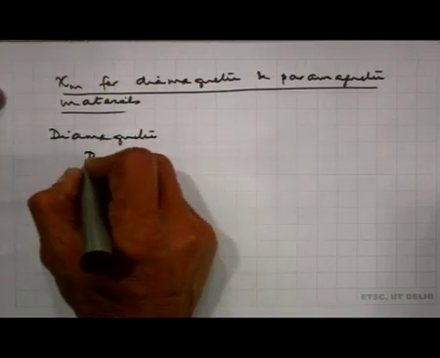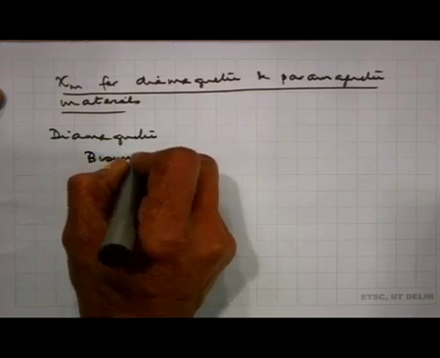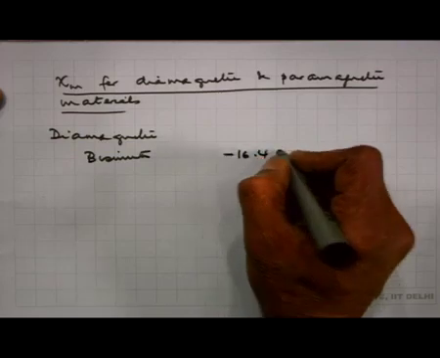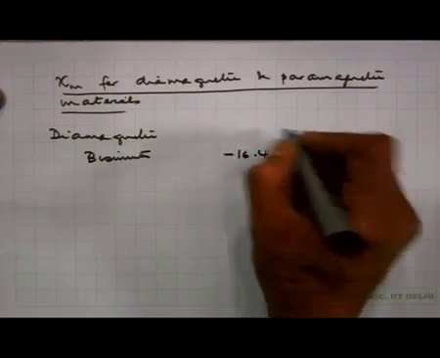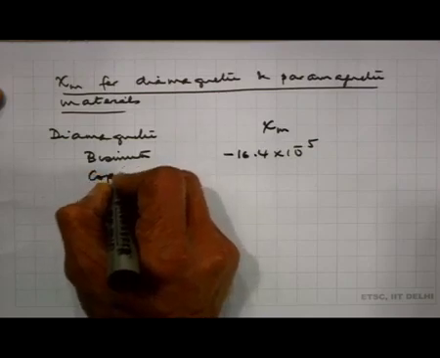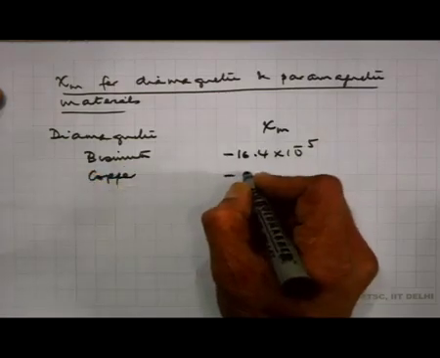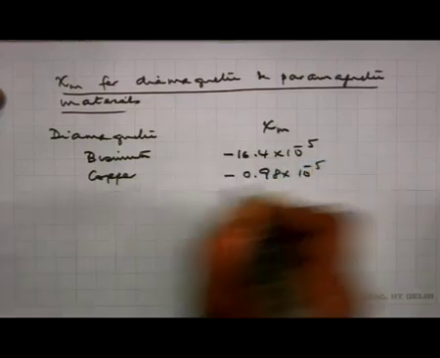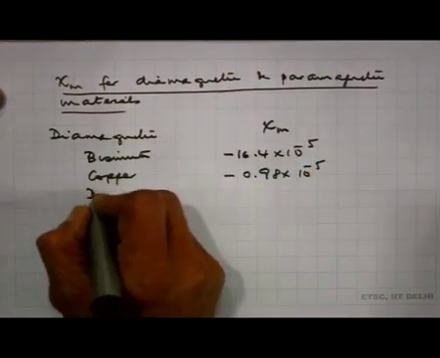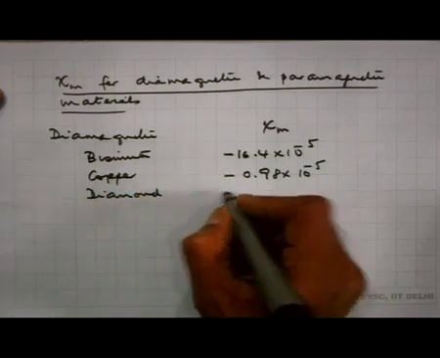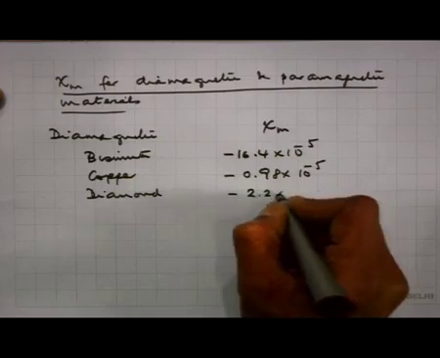Bismuth: minus 16.4 into 10 to the minus 5, this is chi m. Copper is minus 0.98 into 10 to the minus 5. Diamond: minus 2.2 into 10 to the minus 5.